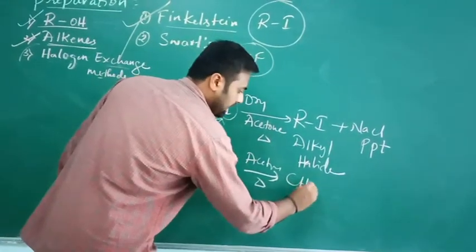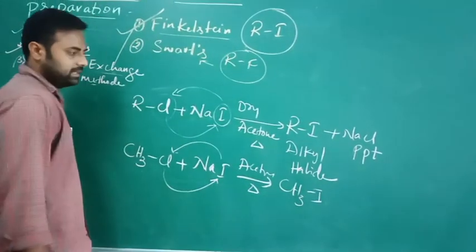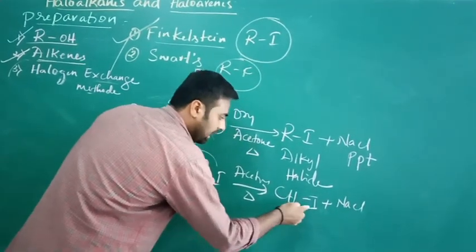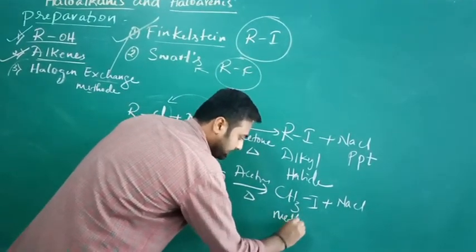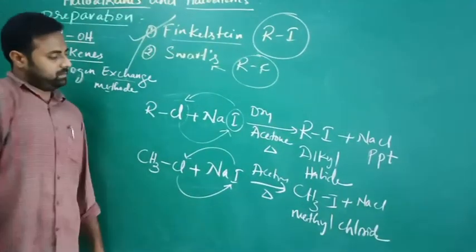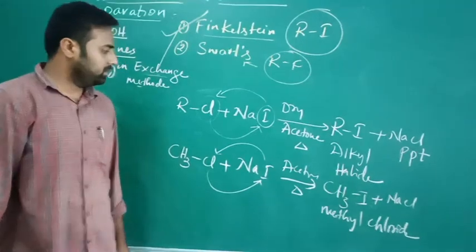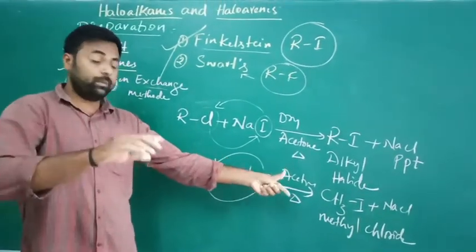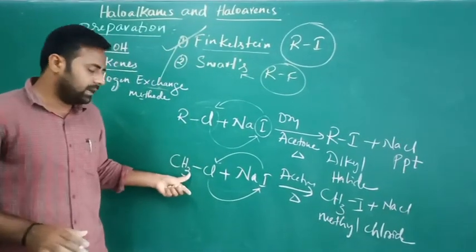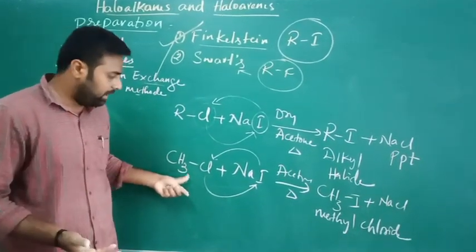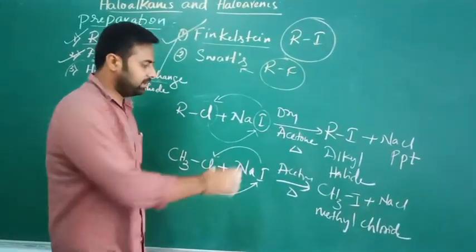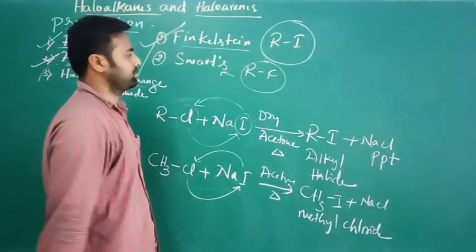Then methyl iodide will form, CH3I plus NaCl. This is called iodomethane or methyl iodide. This is a very simple reaction. If you want to prepare alkyl iodides, they are prepared by treating alkyl chloride or sometimes alkyl bromide with sodium iodide in the presence of acetone. Here the acetone acts as a medium for this reaction.